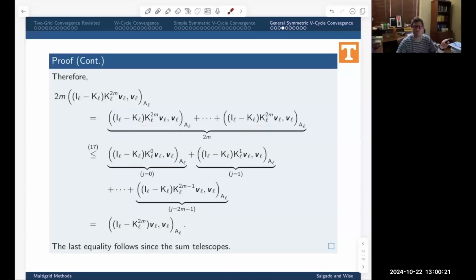So for this stability estimate, we're using K_L to the 0 power, K_L to the first power, up to K_L to the 2m minus 1 power, so that there are 2m estimates that we're using in a row. And then we showed a telescoping property in order to get the estimate that we want. We're almost at the estimate we want. All we have to do is divide both sides by 2m and we've got it.